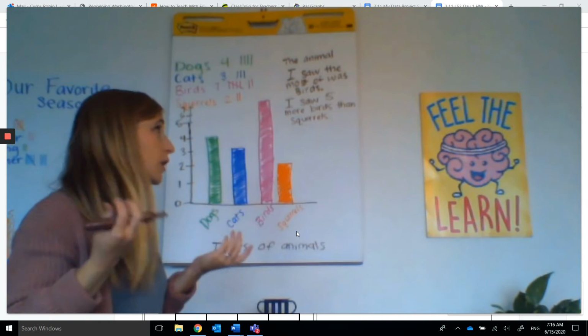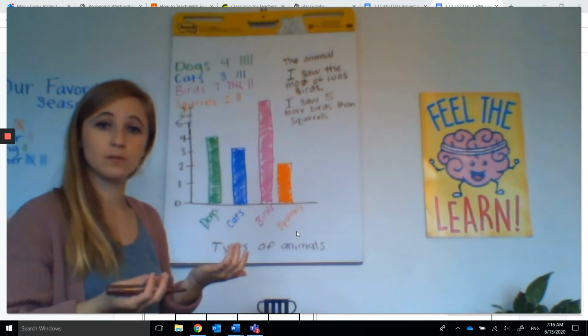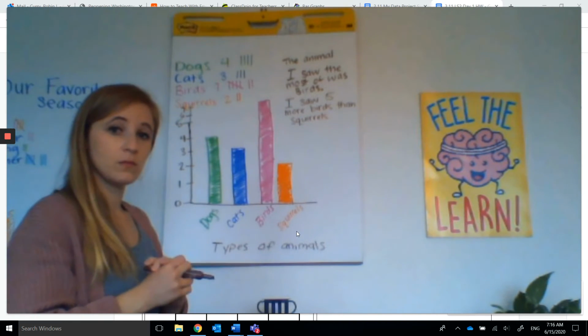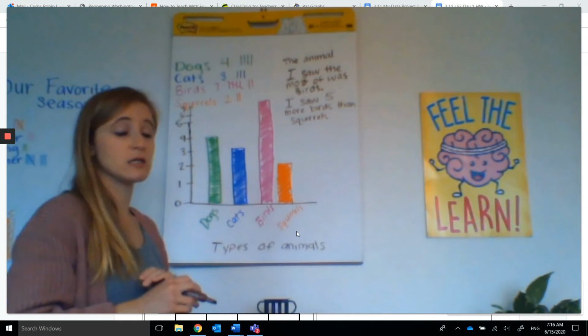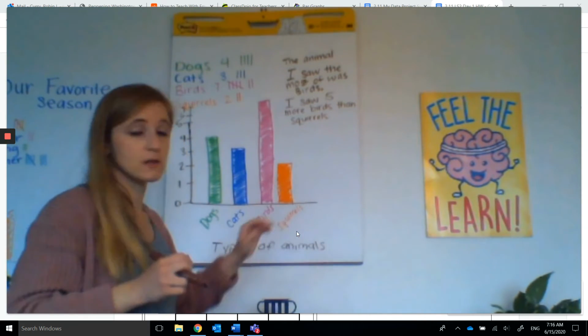All right, can you think of any other statements we could make about this bar graph? Another one I can think of is the animal I saw the least of was squirrels.